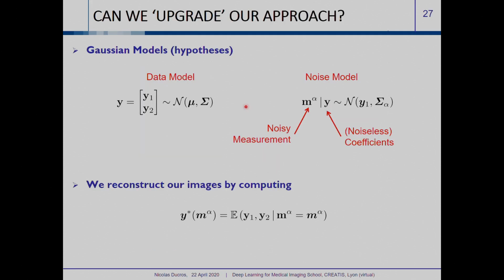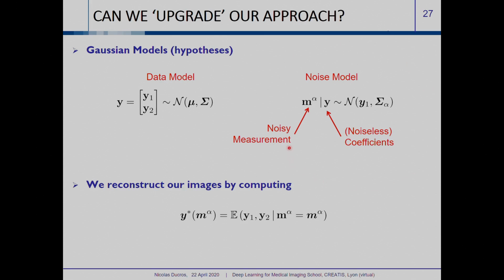To solve the noise issue, we will update the previous approach. We keep the same model for the data, so we assume that the measurement vector is the realization of a Gaussian distribution, and we will add a noise model.